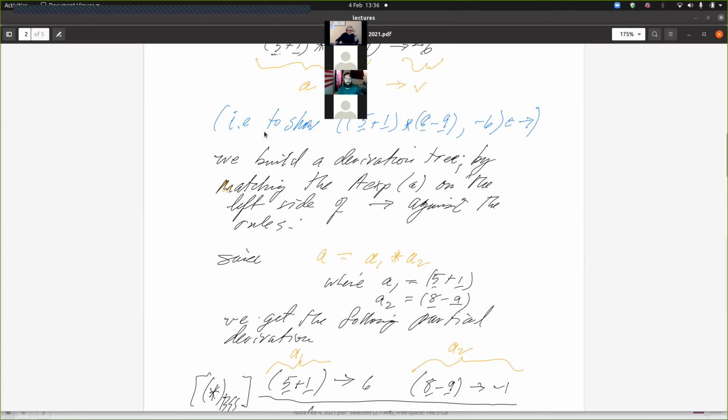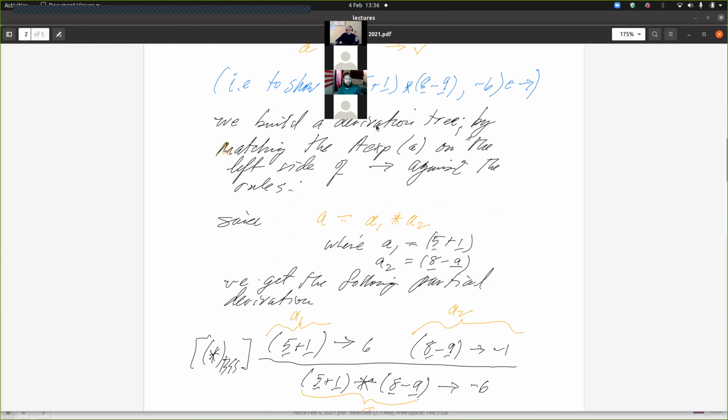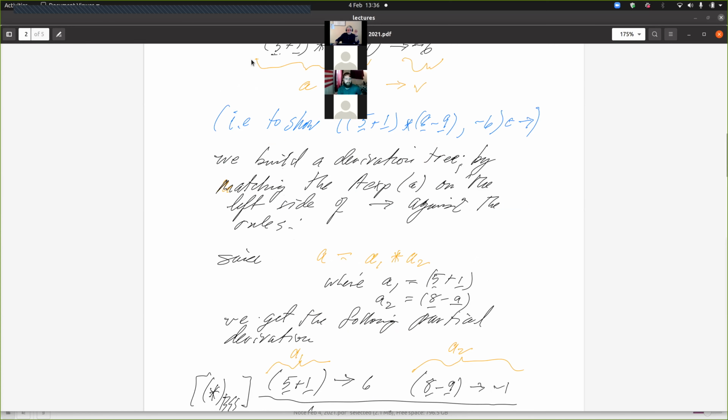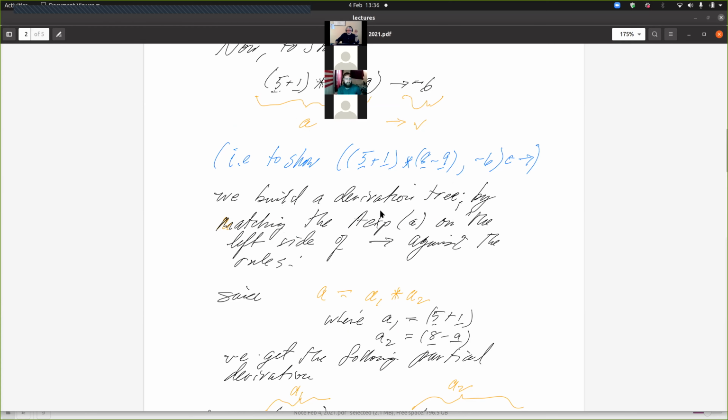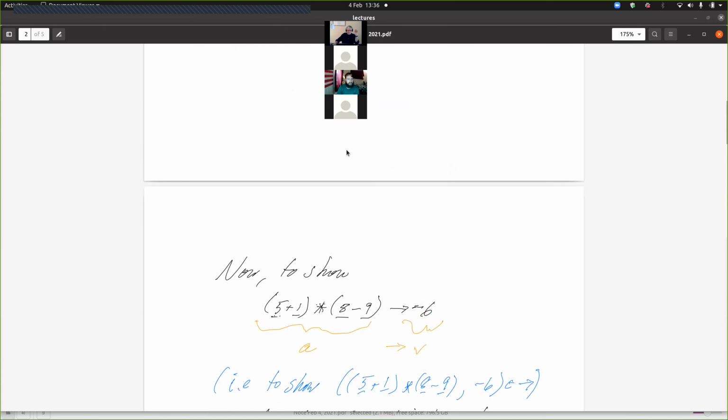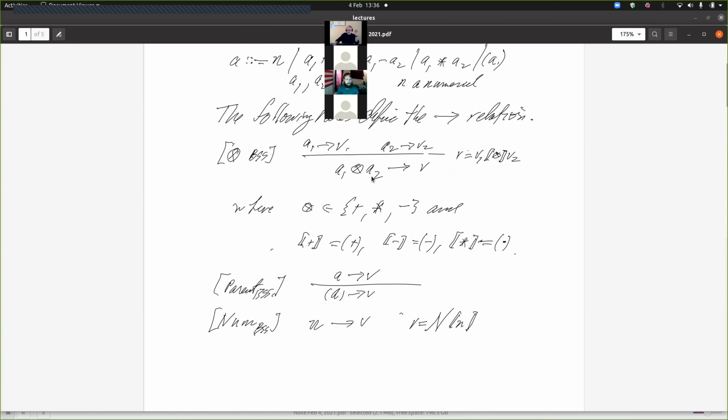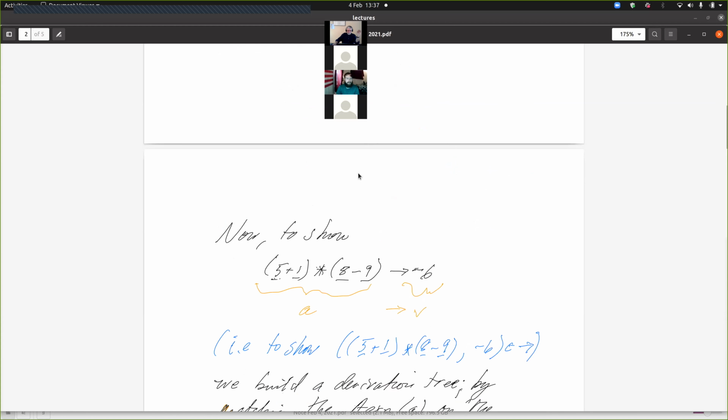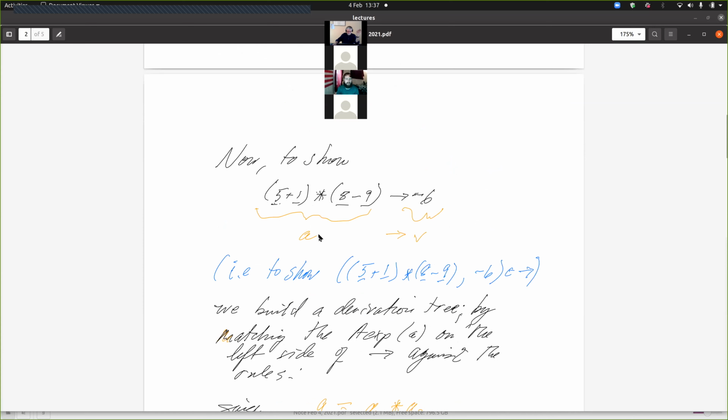So now we build derivation trees by using a matching kind of algorithm. We look at the A expression here, and we're trying to see which rules we have that can match that. Since it's a binary operator, it matches this rule when you replace circle times with the times.